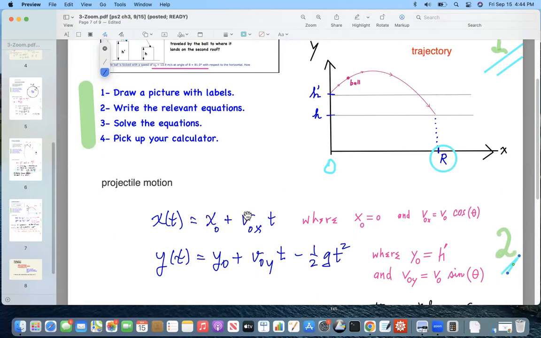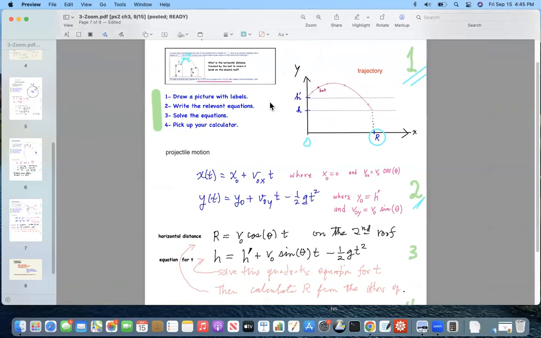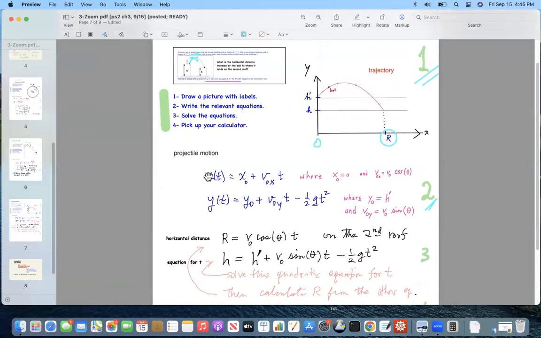That's the velocity in the x direction times the time. Now, I don't know the time. That's something I'll have to figure out. But here's one of the equations I'm going to need, the horizontal coordinate.